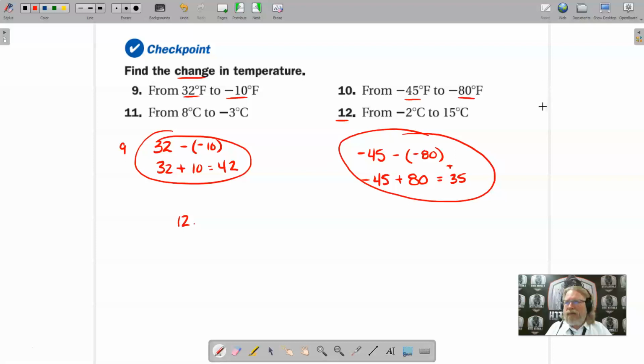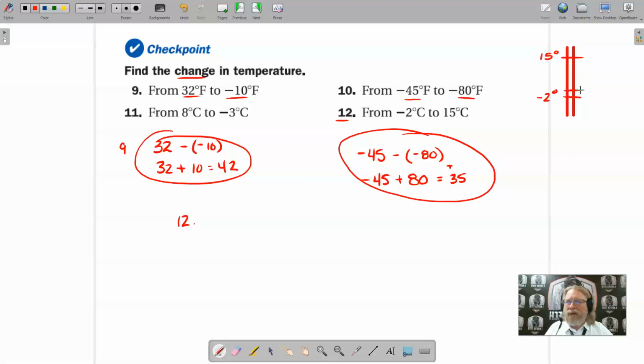If I had a thermometer and it's at -2 degrees Celsius, here's my thermometer, and I'm at -2, and then we want to know it goes from -2 to +15. So up here is 15.